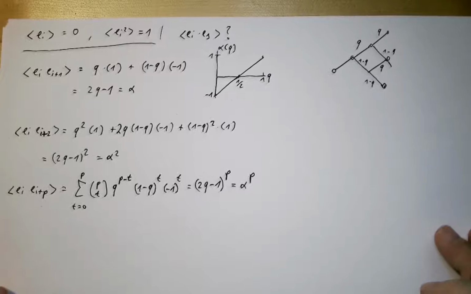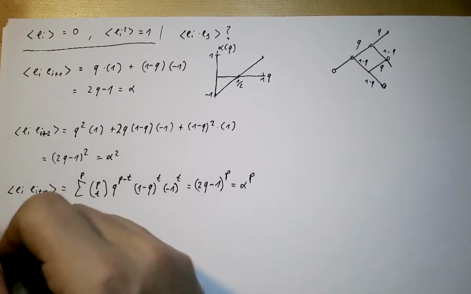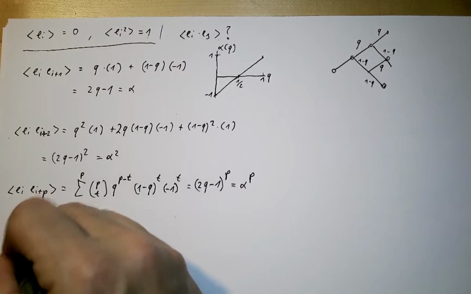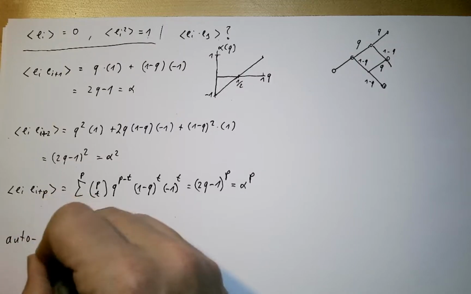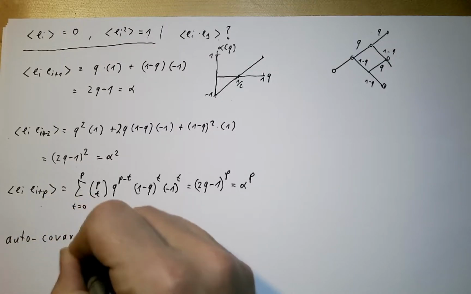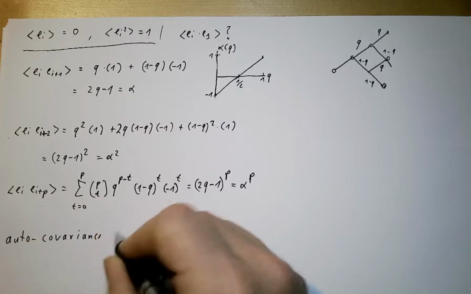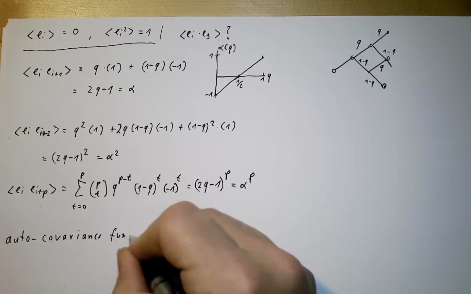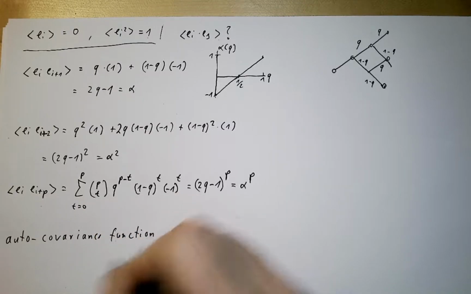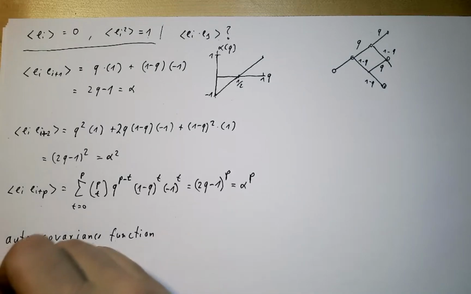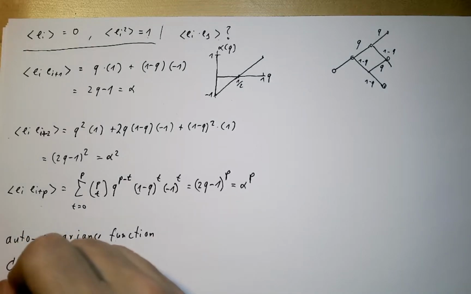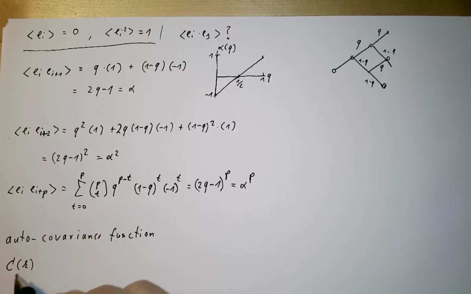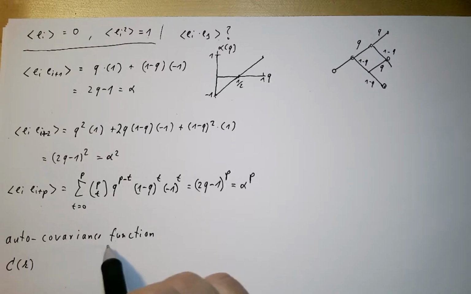So maybe let's write this down. So we have our autocovariance function, and I don't remember how we called this when we had introduced the stochastic processes. We looked at this function.